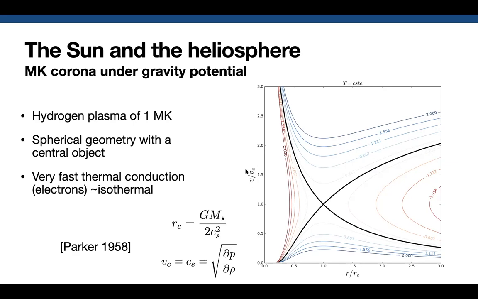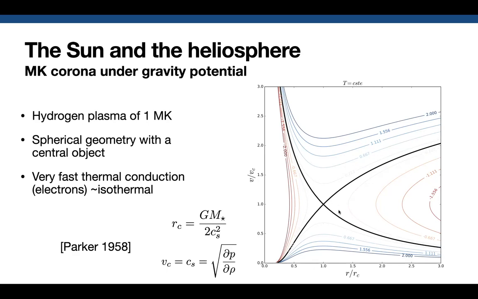So this is the Mach number essentially, and this is the radius normalized by the critical radius where the wind becomes supersonic. So this is one here. Then you have this accretion solution.